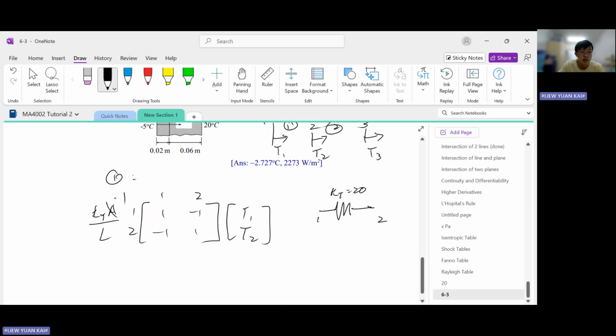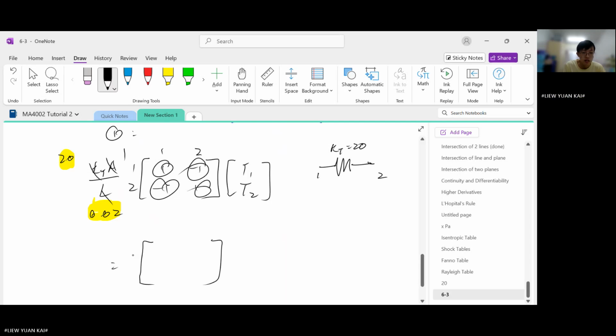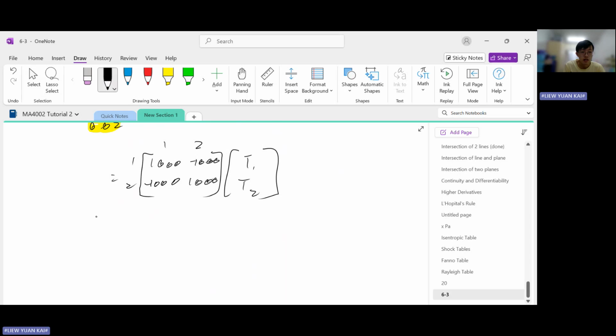They say area is 1, conductivity is 20, and the thickness of the wall is 0.02. 20 divided by 0.02 is actually 1000. And then I can multiply that 1000 into each of these entries. So what I'll get is 1000, -1000, -1000, 1000, times T1, T2. So this is the first element equilibrium equation.